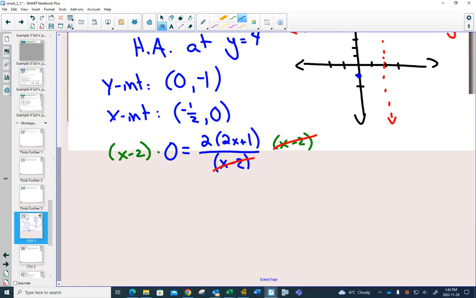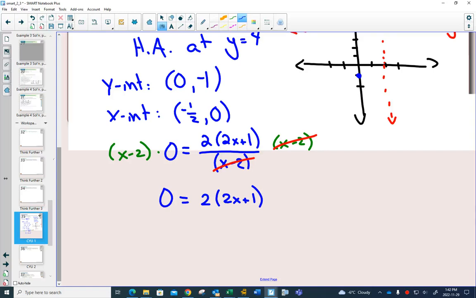And on this side, you'd still have 0. Which is just basically saying the bottom doesn't matter. It's just where the top of the fraction is equal to 0. And it's already factored, so you could just say in your head, oh, it has to be negative a half. But if you wanted to, you can multiply it out, move it over, solve for x, and get x equals negative a half that way as well.